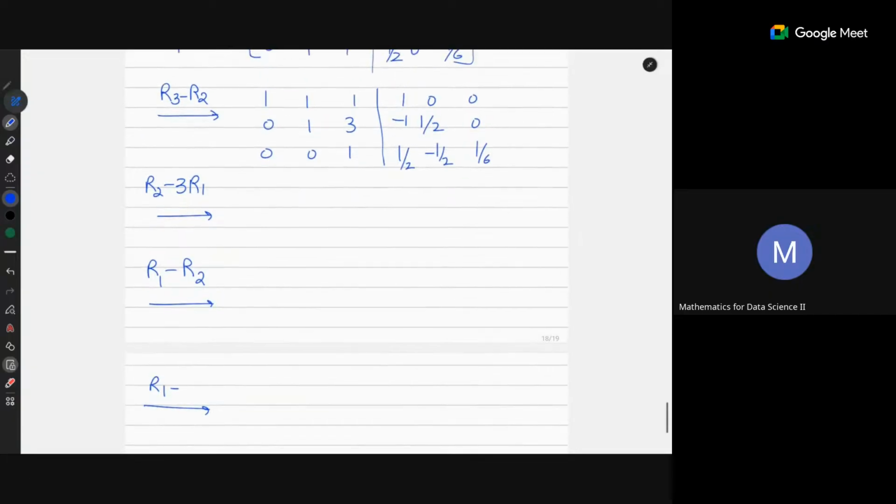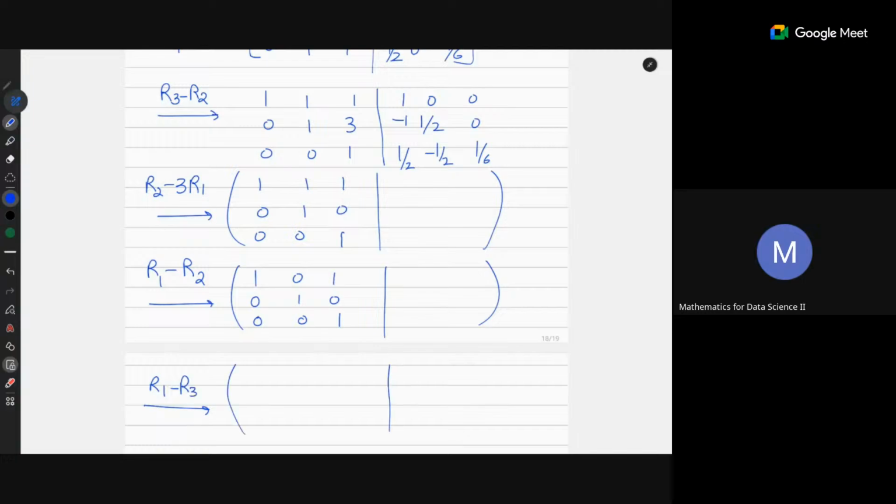So first R2 minus R3 becomes 1 1 1, 0 1 0, 0 0 0. I will leave it to you guys to solve this part. R1 minus R2 gives 1 0 1, 0 1 0, 0 0 1, and then R3.